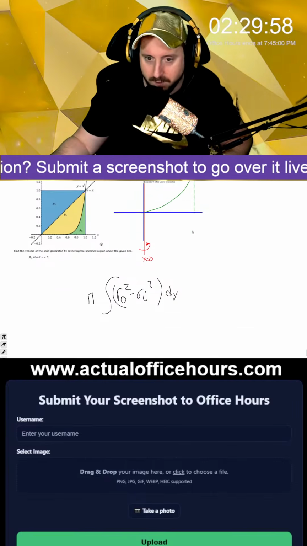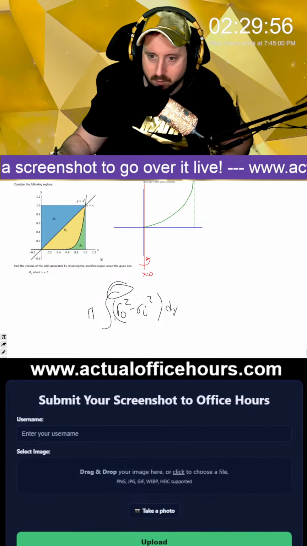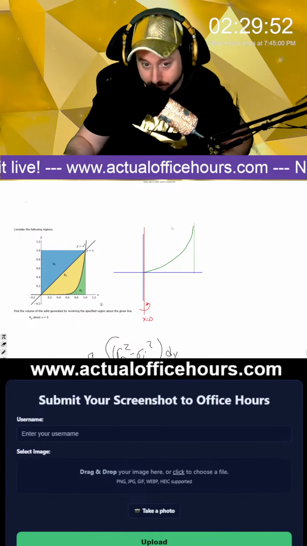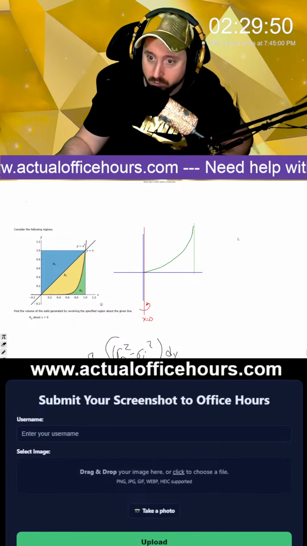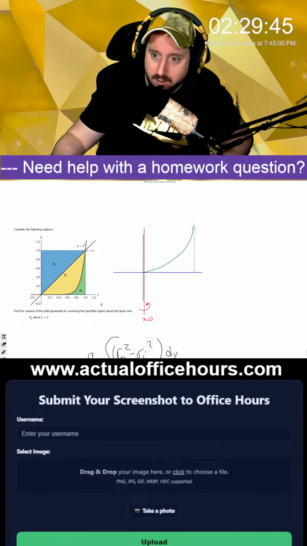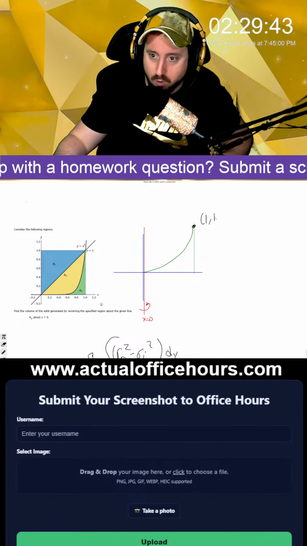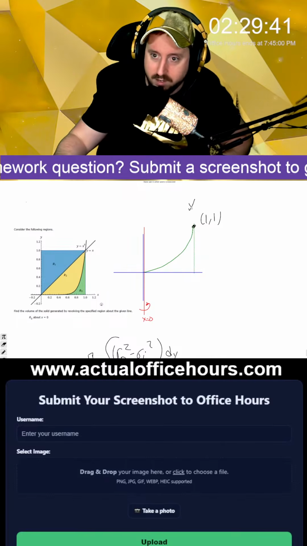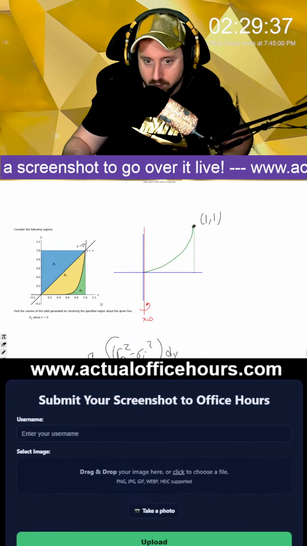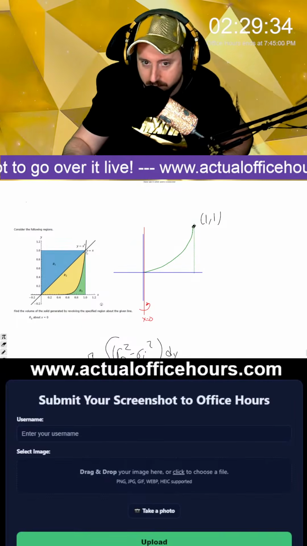Next, you need to figure out the bounds. In terms of y, what's the lowest y I go to, and what's the highest y I go to? You can see here, if this is region 3, this point right here is (1, 1). That's where y equals x intersects with y equals x to the 9th.